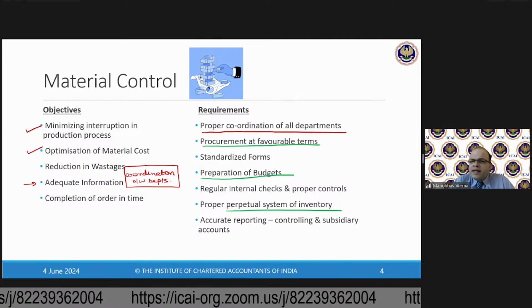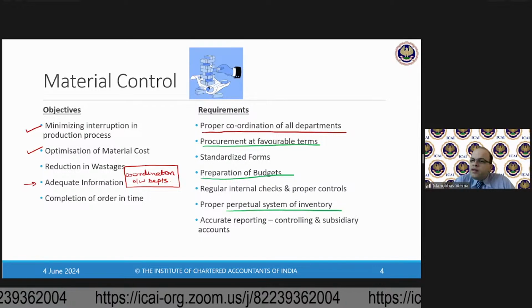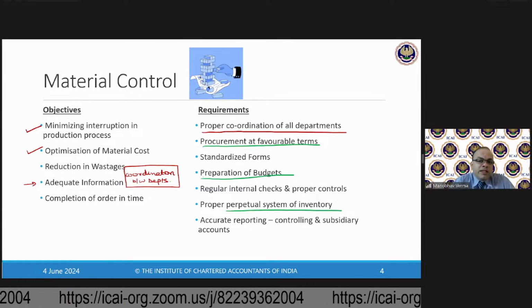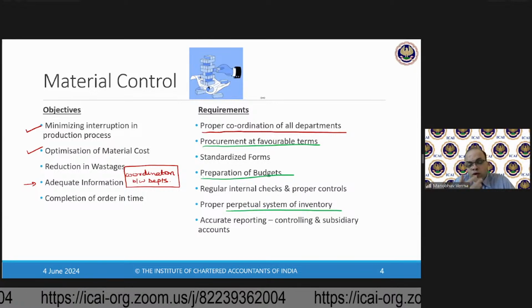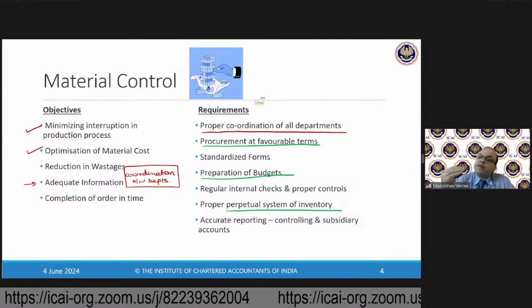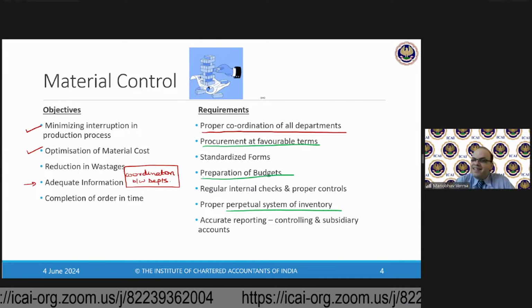I think the answer lies in the real-time store records or real-time inventory. Pratima says coordination between them. So Pratima, when I'm talking about real-time inventory levels, you have updated inventory records at all the levels that are centrally integrated, right?